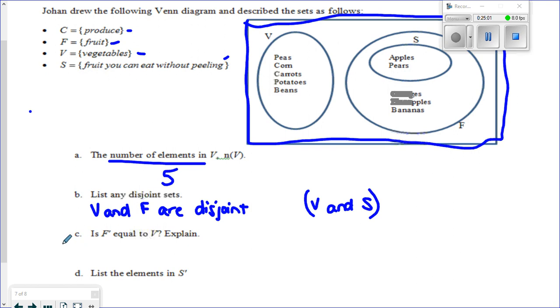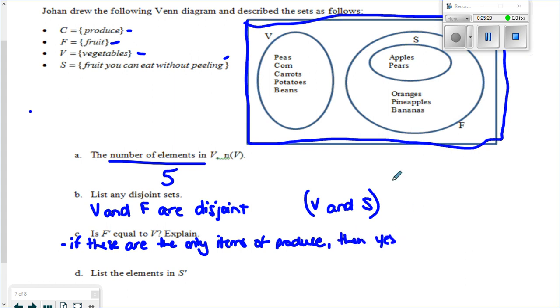We could say, if these are the only items of produce, since it doesn't tell us anything outside of these little circles and ovals, and there's not something out here that's a different type of produce, then yes.